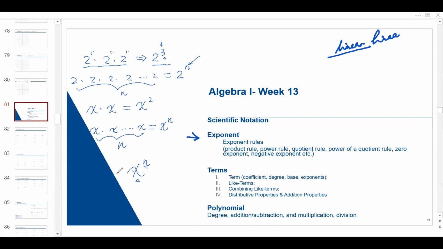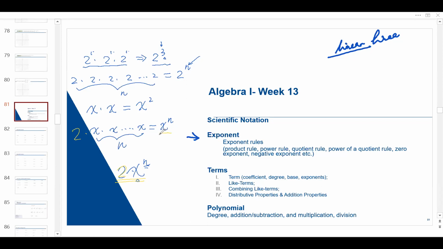You can add something in front, like a 2 times the power, and then it becomes a term, but we will talk about terms a little bit later. Let's talk about exponent first.